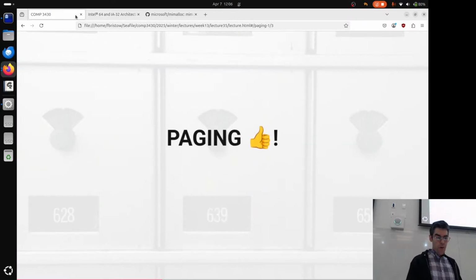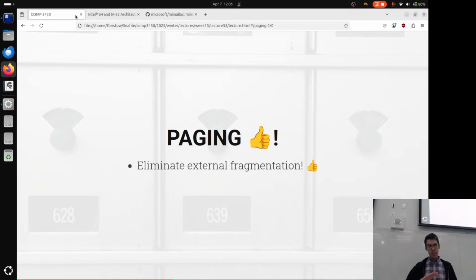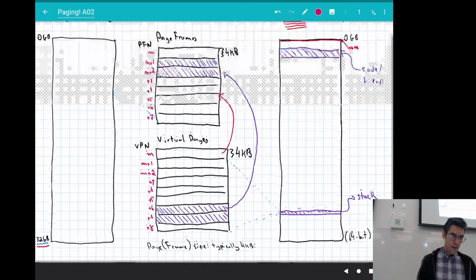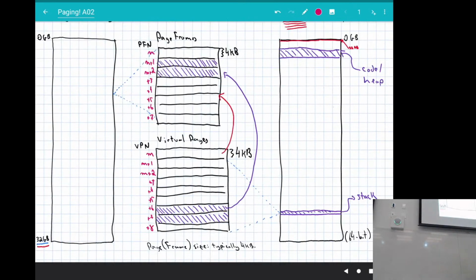Paging is great from an overall idea because we've eliminated external fragmentation. With this, our page frames are fixed in size. Our pages are fixed in size, and they are exactly the same size.